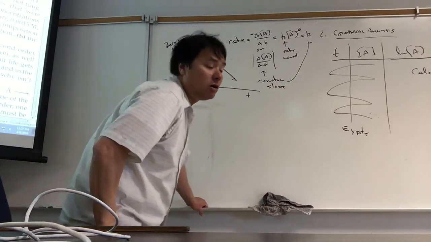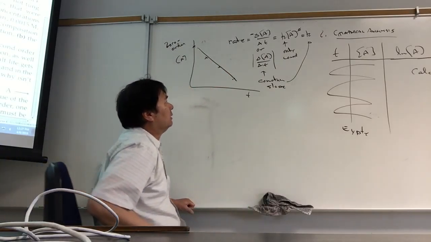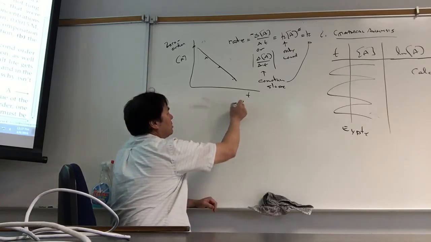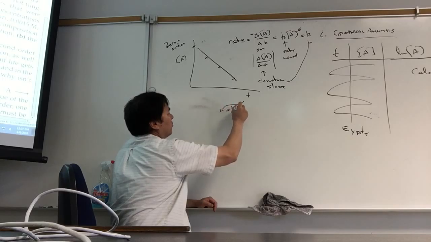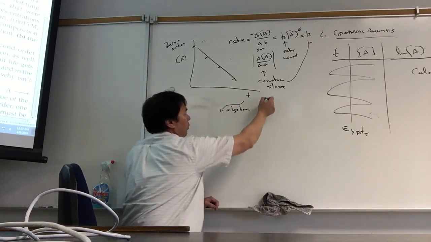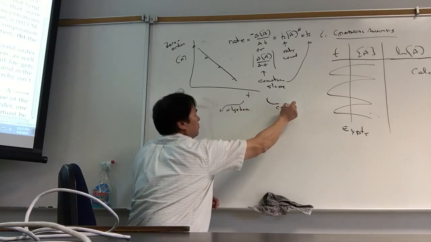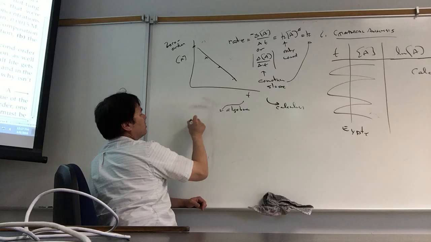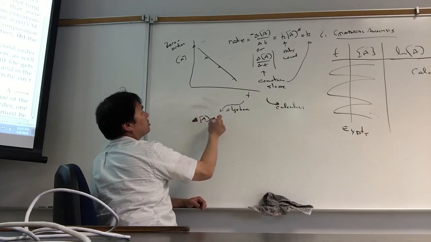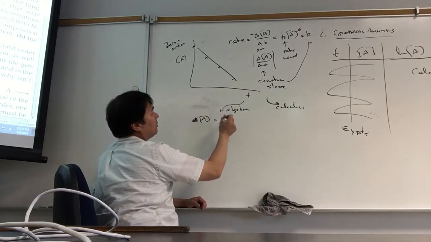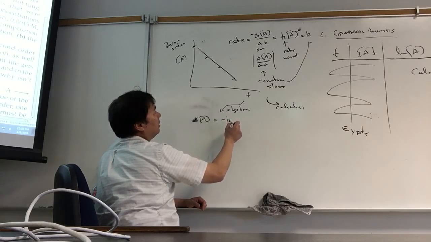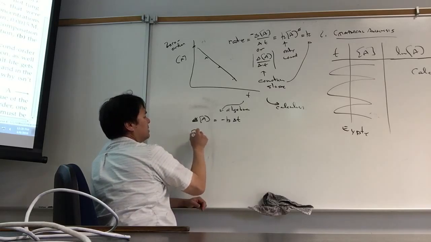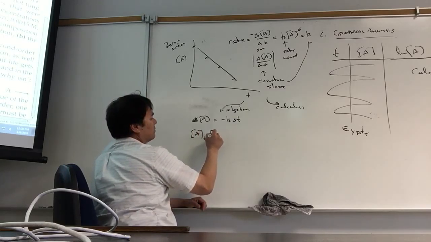But let's say I wanted to know how long it takes. In this case, I could figure that out. There are two ways. I could use algebra or I could use calculus. If I use algebra, then I can figure this out. Delta A, change in concentration, is equal to, I'm going to rearrange this, minus K times delta T. Delta A is A final minus A initial.